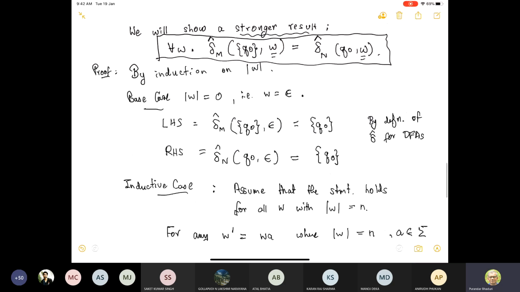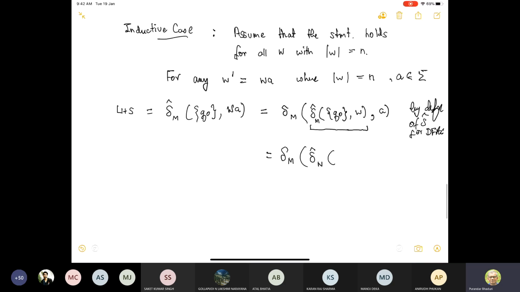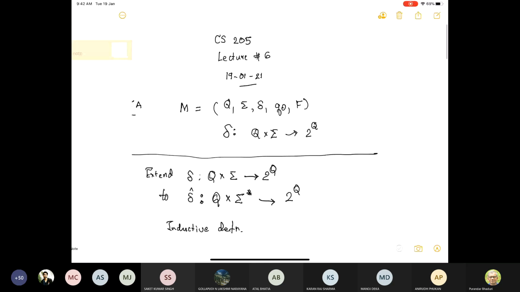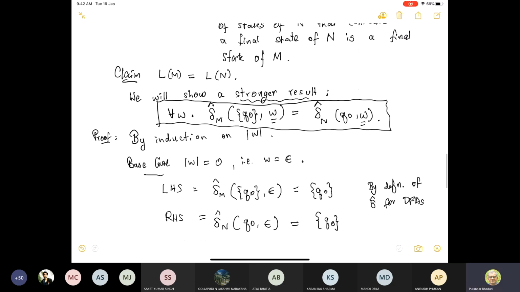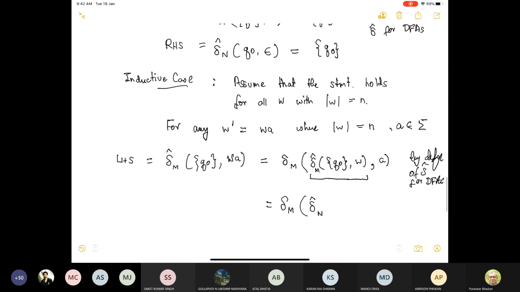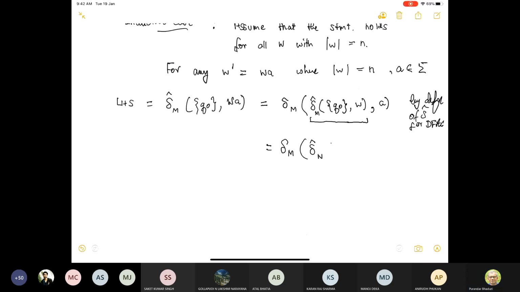This is the result, Q0 W. This is by the induction hypothesis.